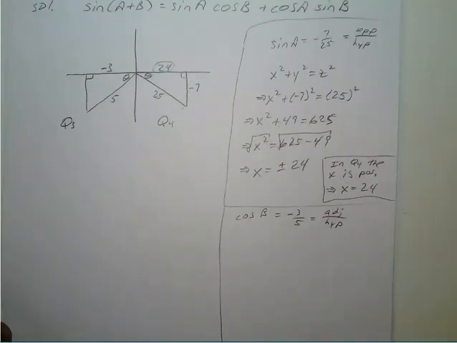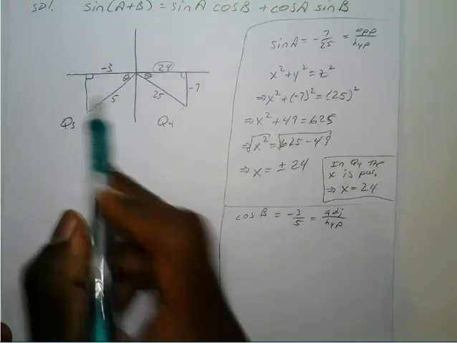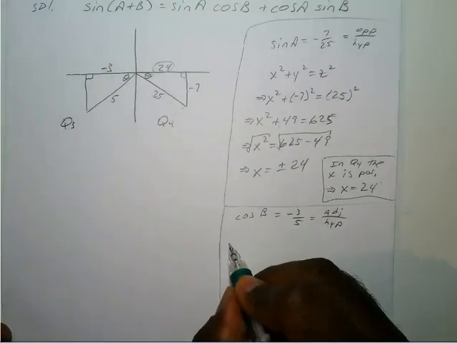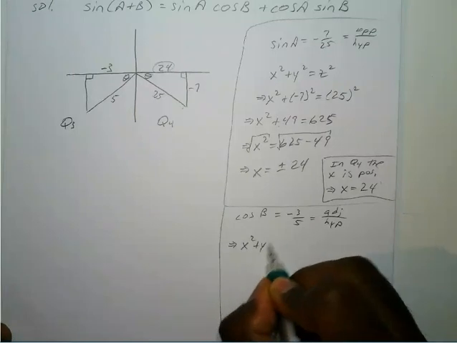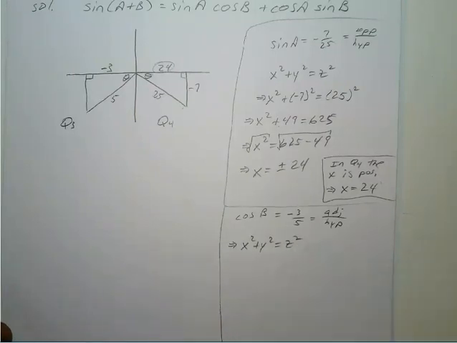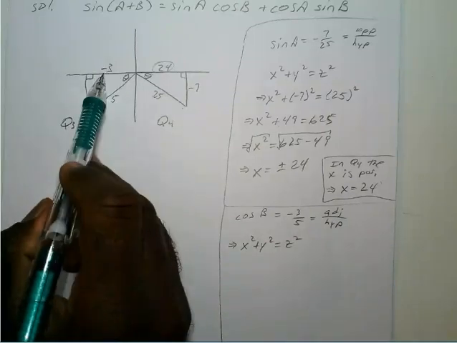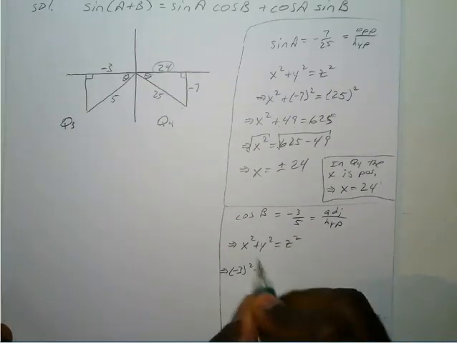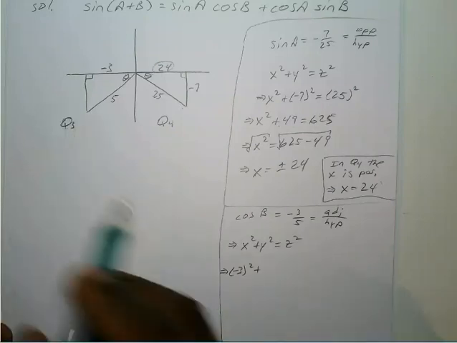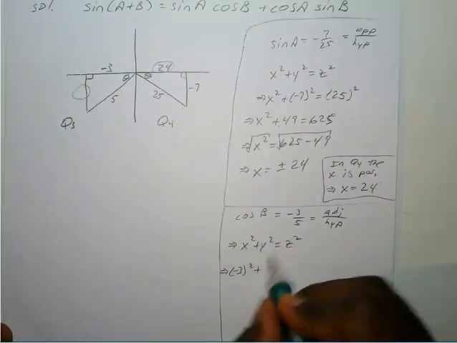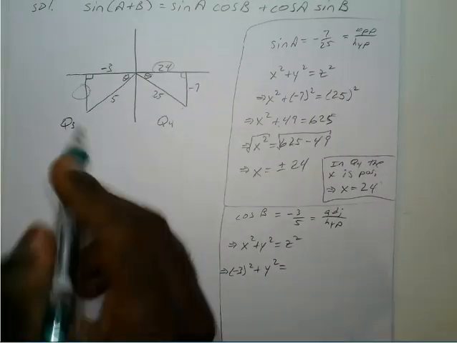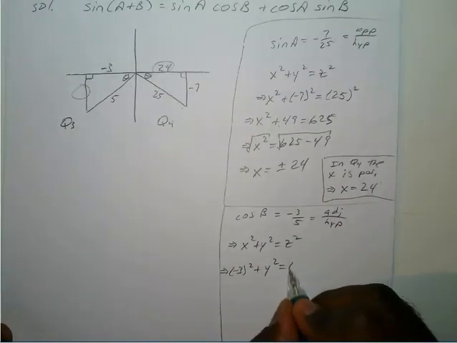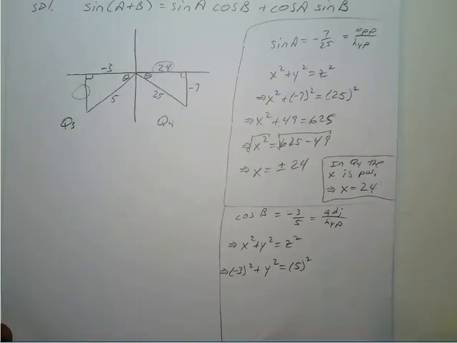Okay, so again, using x squared plus y squared equals z squared, because this is a right triangle. Our x is negative 3. Then you have your y squared is what we're solving for, and your hypotenuse is 5 squared.